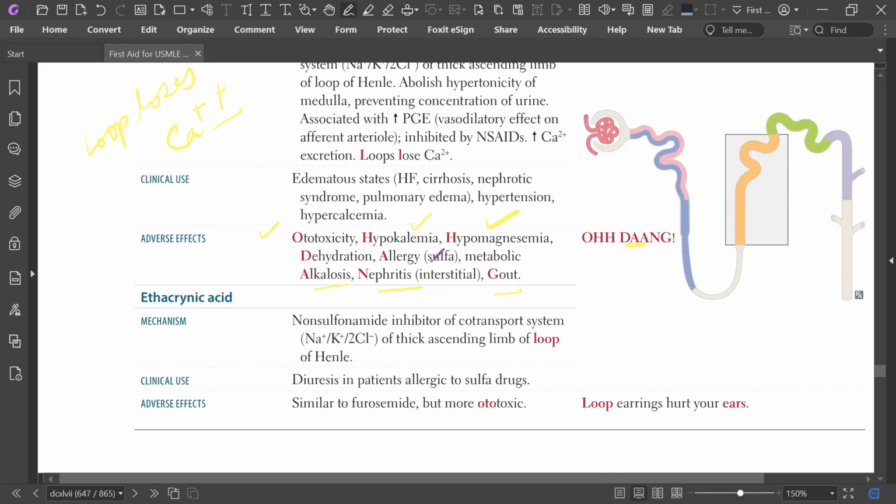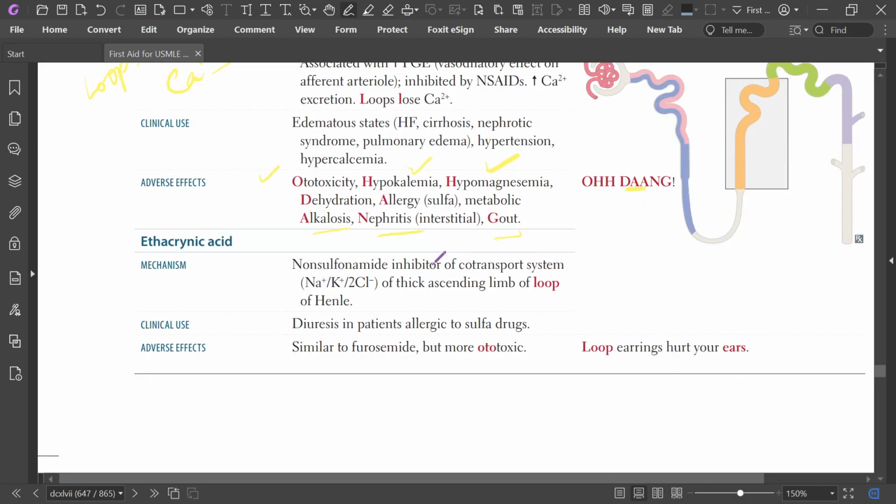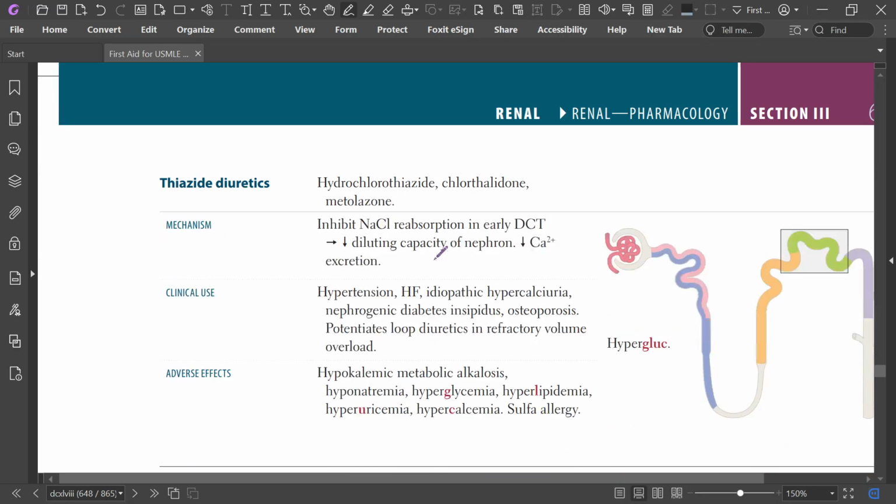Then the thiazide. Thiazide is HyperGLUC: hyperglycemia, hyperlipidemia, hyperuricemia, and hypercalcemia. Another thing is hypokalemic, hypochloremic metabolic alkalosis. There is hyponatremia also.